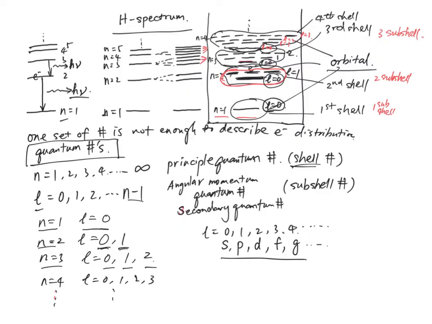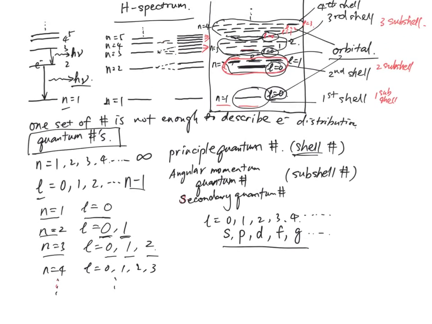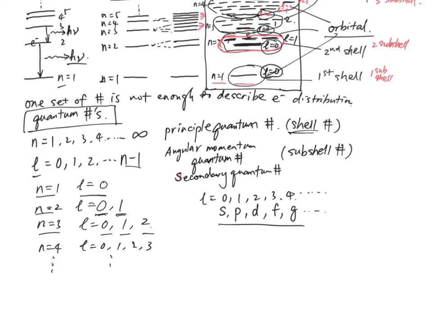All right, so I was dealing with numbers, you turned them into letters. What good does this do for me? Well, here's the benefit. If you combine the shell number plus the subshell letter, you get something that we call the orbital designation.